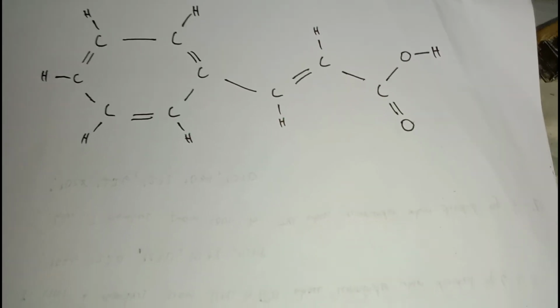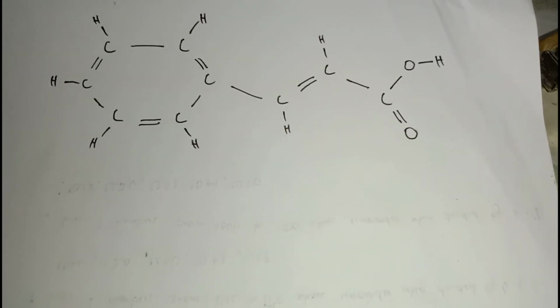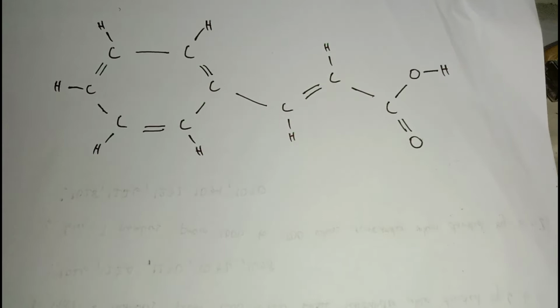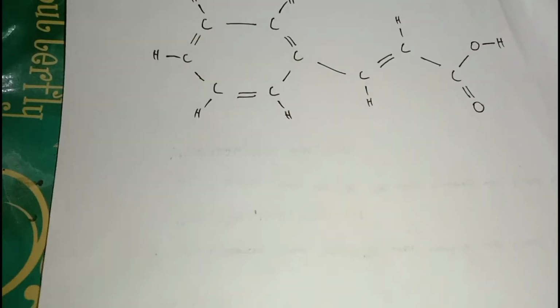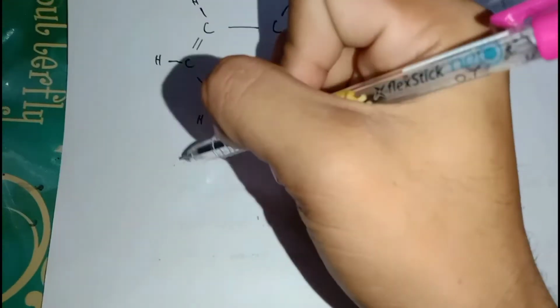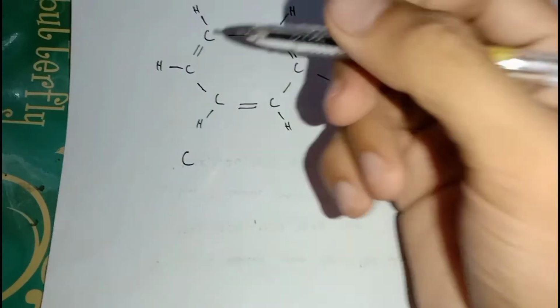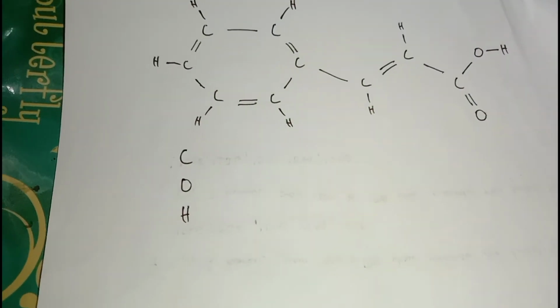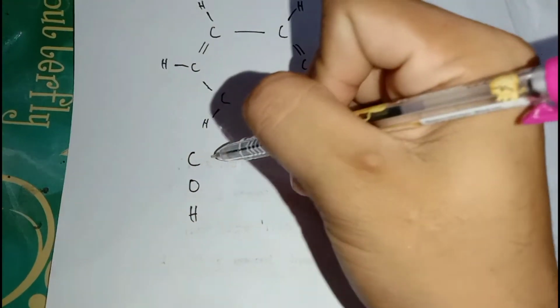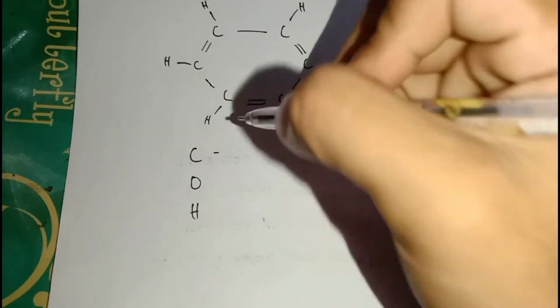To determine the polarity between the atoms and the dipole moment, first we need to get the electronegativity of each atom. First is carbon, oxygen, and hydrogen. The electronegativity of carbon is 2.55.